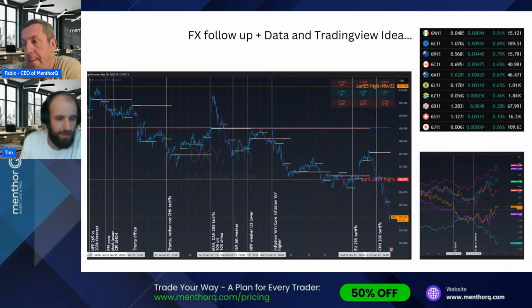So we are coming nearly to the end of the PDFs. We're going a little bit to the FX space right now. First of all, the DXY index over here, significantly down already this week. All the tariff stuff in the US has brought in a little bit of chaotic movement.